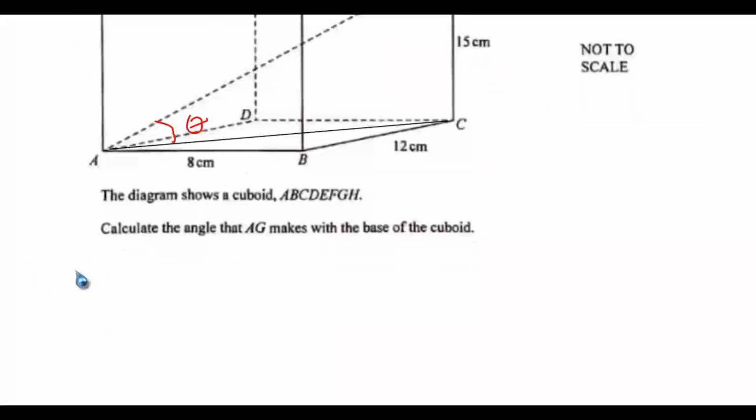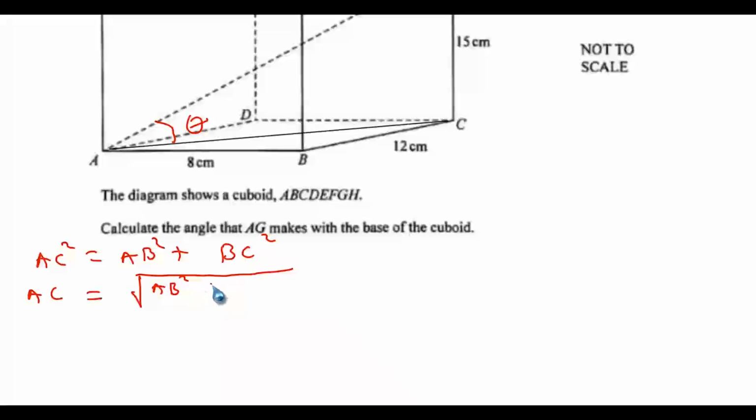So AC squared is equal to AB squared plus BC squared. That's Pythagoras theorem, and AC will be the square root of AB squared plus BC squared.